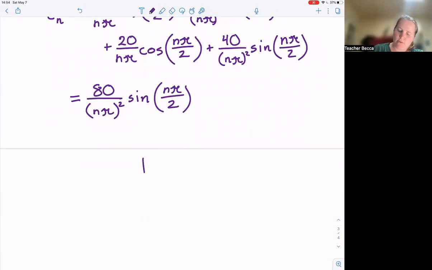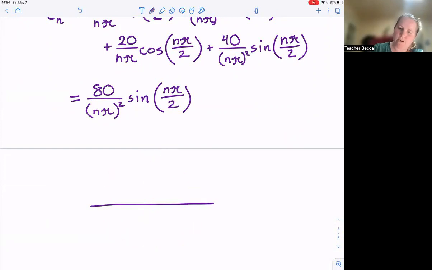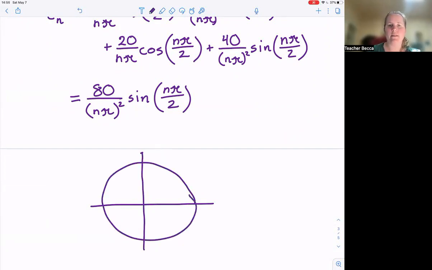So if we look at our unit circle, sine is 0 on the x-axis and 1 on the y-axis.